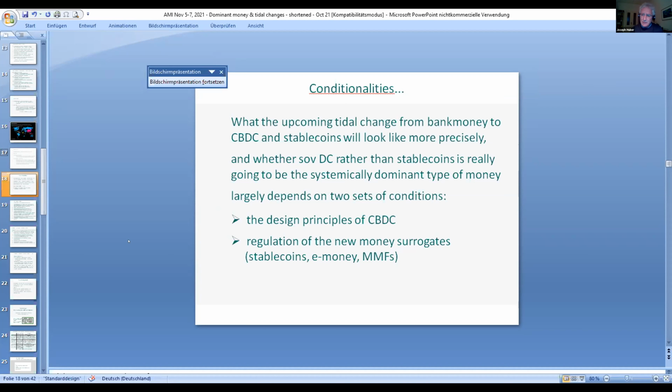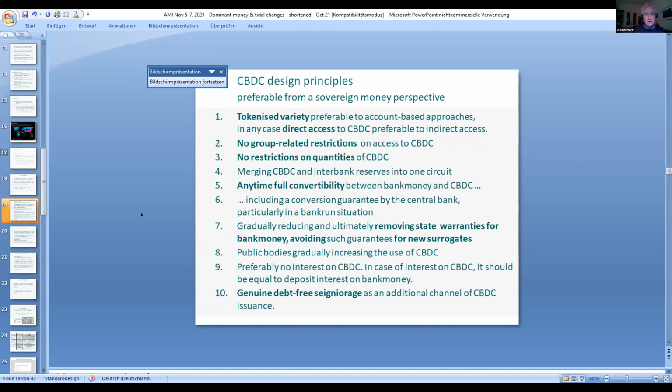That largely depends on two sets of conditions. The one is the design principles of CBDC, and the other one is the regulation of the new money surrogates. Here you see a list of CBDC principles that are preferable from a sovereign money perspective. I cannot go into all of the details here, simply a brief glance.